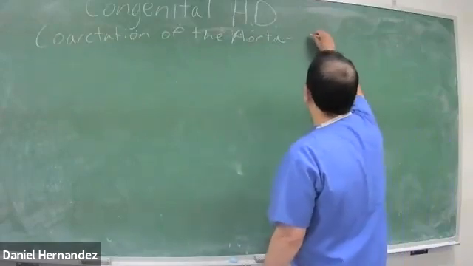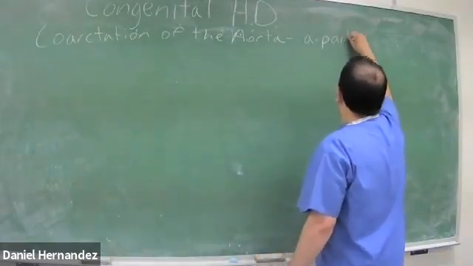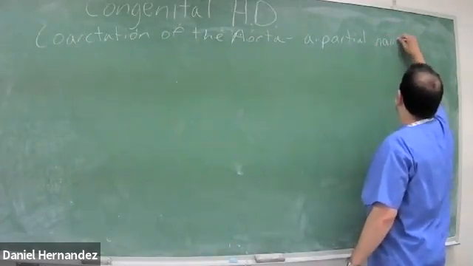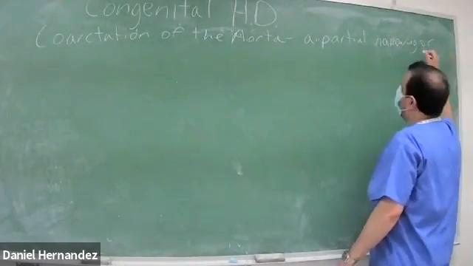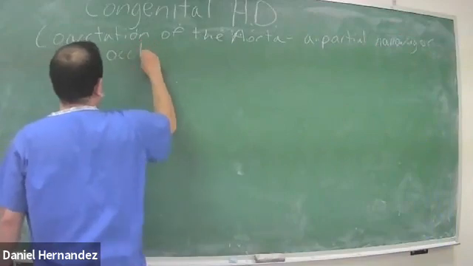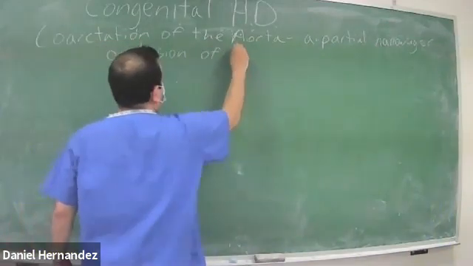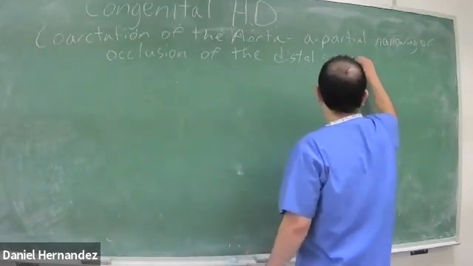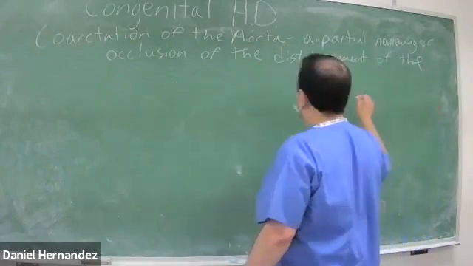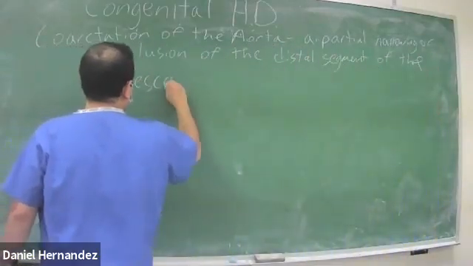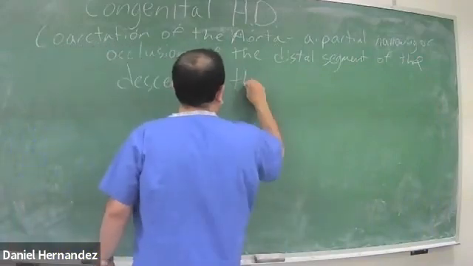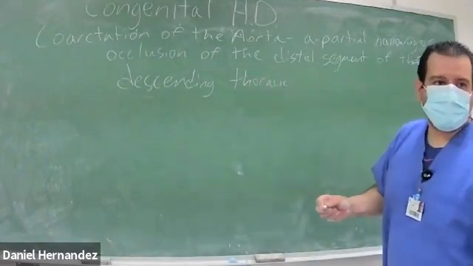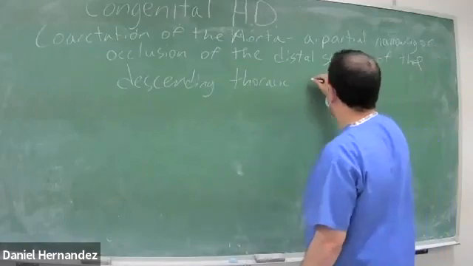So coarctation of aorta is a partial narrowing or occlusion of a segment of the descending aorta.